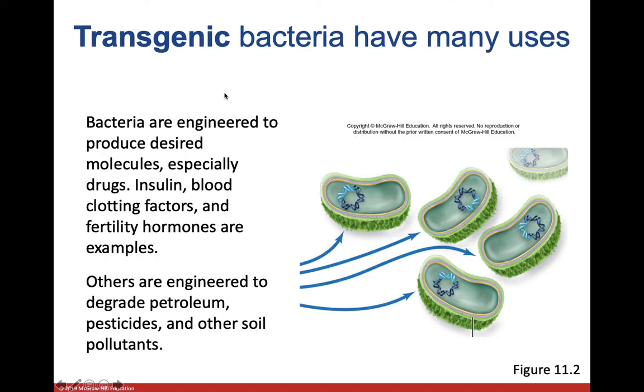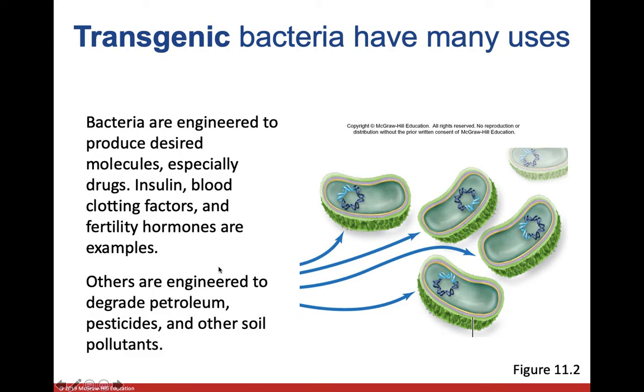So transgenic bacteria that have more than one species of DNA or more than one original gene inside of them are super useful. We can take genes from one particular species of bacteria that has the ability to break down petroleum, for example. But the original bacteria that breaks down petroleum is super dangerous to humans, or maybe kills fish.